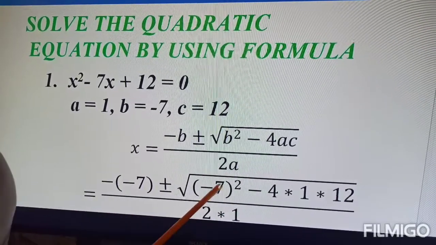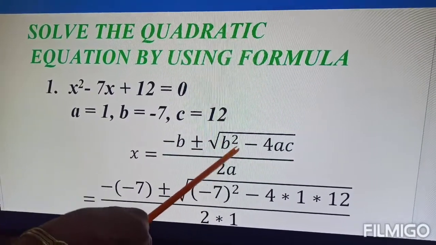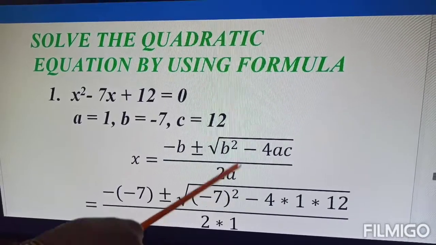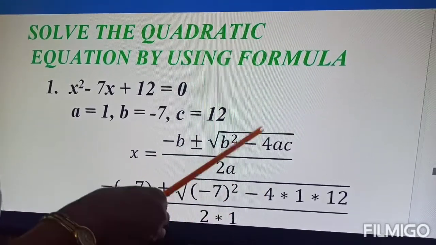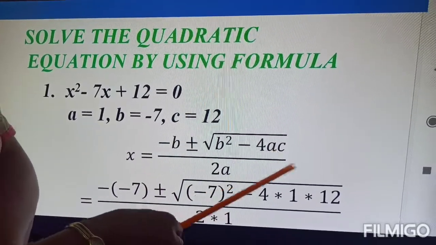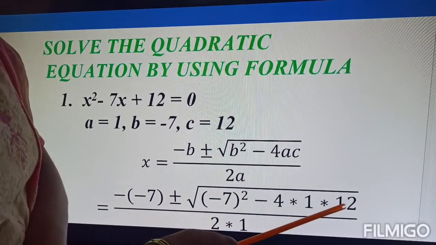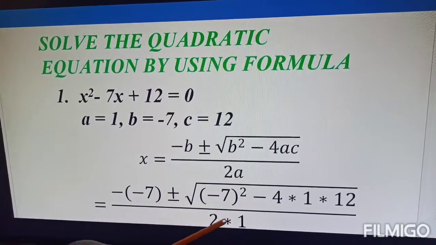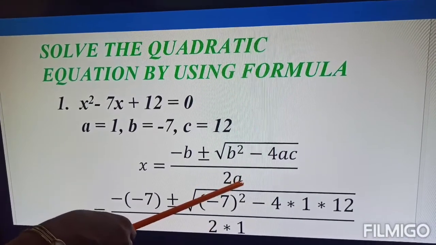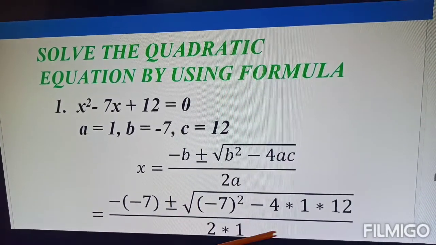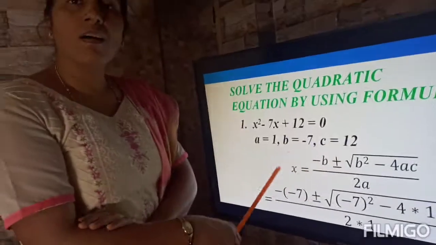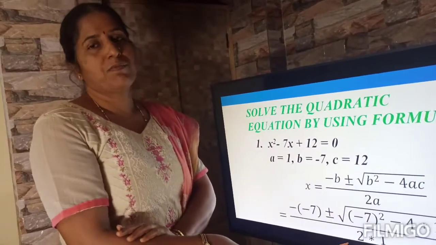Then square root of minus 7 whole square. B replaced by minus 7. Square will be as it is. Minus will be as it is. 4 will be as it is. A replaced by 1. C replaced by 12. In the denominator, 2 will be as it is. A replaced by 1. Now we replaced all the values, then simplify.